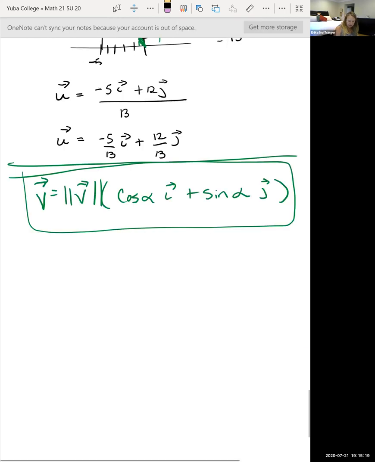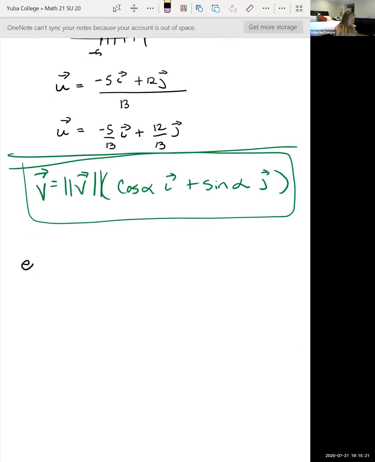Let's do one more example. Write each vector v in the form a times vector i plus b times vector j, given the magnitude of v and the angle alpha that it makes with the positive x-axis.